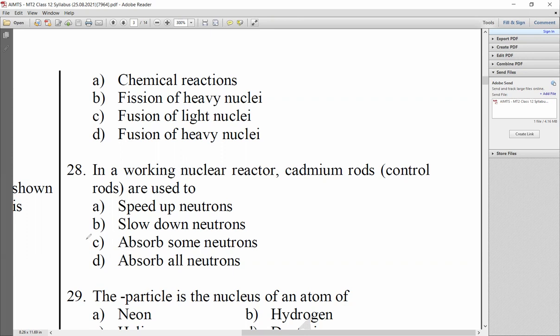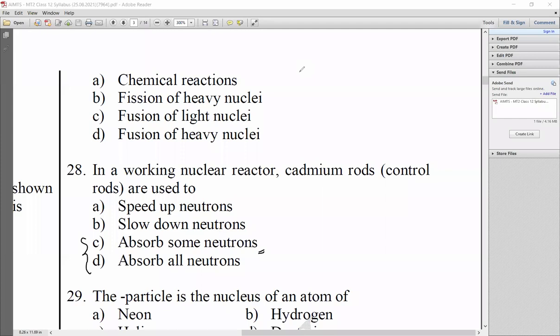The confusion is between C and D: whether it will absorb all the neutrons or some neutrons. It will absorb some neutrons, not all. It does not completely stop the reaction, but it absorbs some neutrons, which decreases the pace of the reaction.